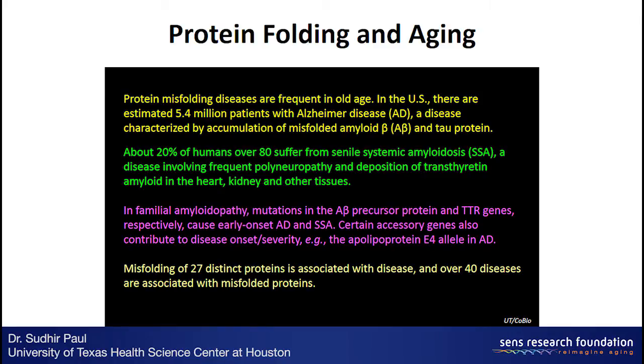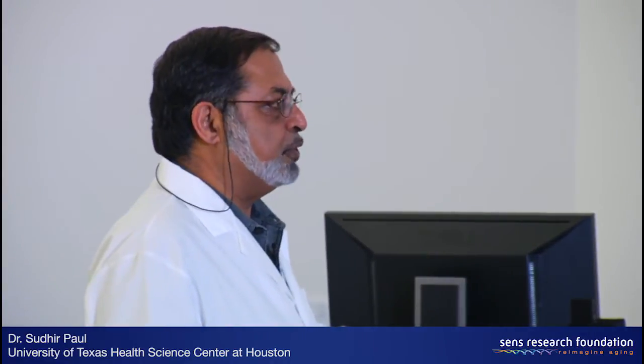In addition to the genes that encode these proteins, certain accessory genes can accelerate deposition of amyloid in the tissues. An example is the gene for apolipoprotein E4 in Alzheimer's disease. So thus far, 27 distinct proteins have been associated with amyloidopathy, and over 40 different diseases have been associated with misfolded proteins.